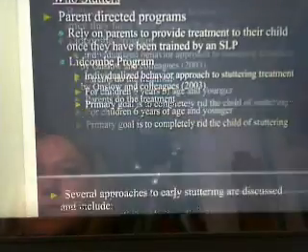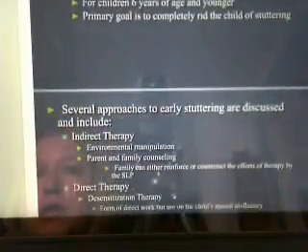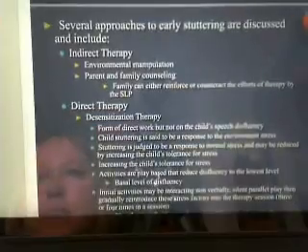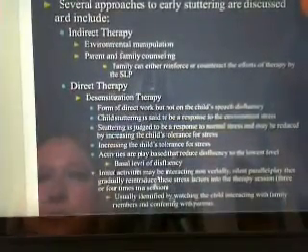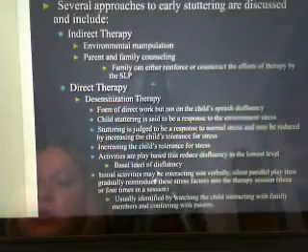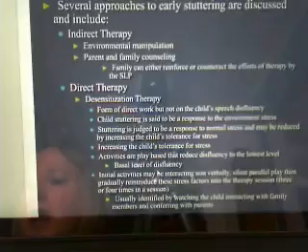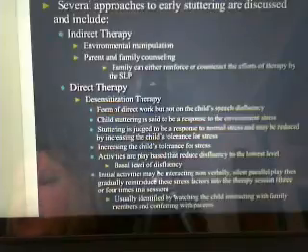With the Lidcombe program, as you'll read in the handouts I have in Blackboard, the parent learns to give feedback to the child which isn't negative, but addresses the child's speech by asking them to think about whether their speech is bumpy or smooth.